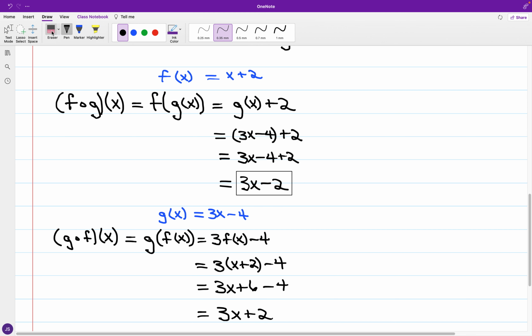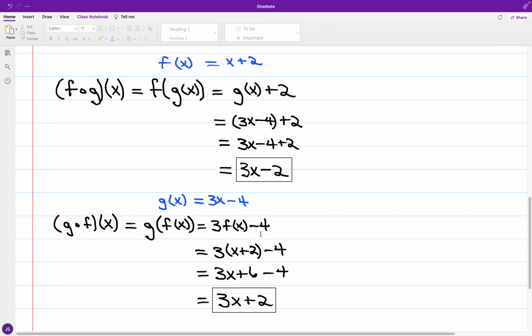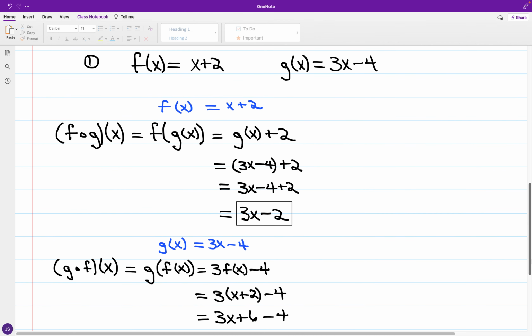Notice you're still working with conceptually the same functions to begin with, but the different sequencing in the composition can result in different expressions. Though there are special functions that can have f composed with g and g composed with f of x be the same, and those will be what I refer to as one-to-one functions. But that's going to be a topic down the road.